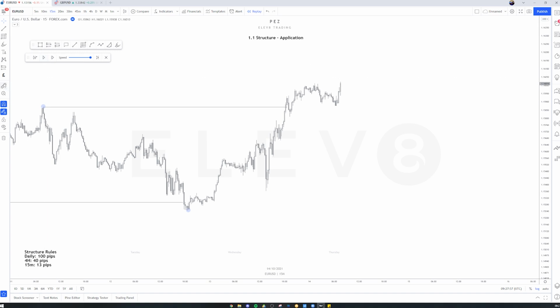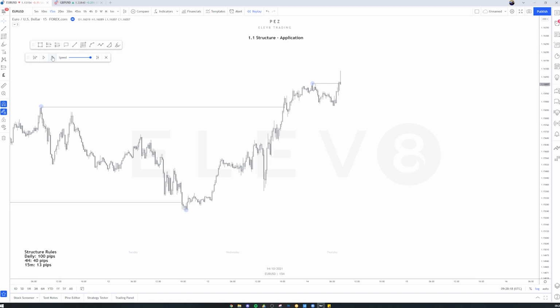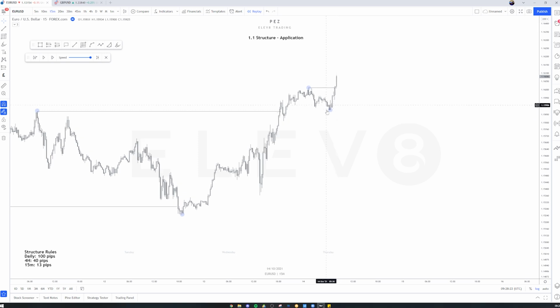So we've got this one. This one is 13.4, so that would be classed as structure. So if we draw on our high, and then we're waiting to see this break of structure now, which we get here, and then that confirms our new low.